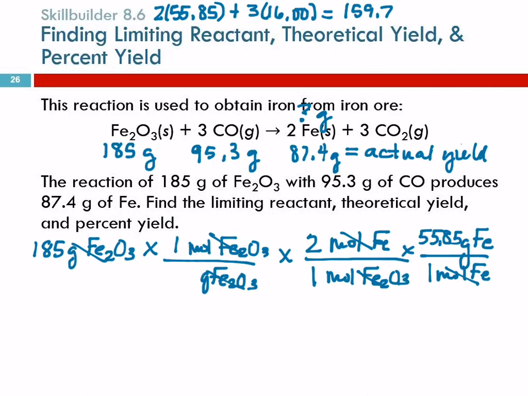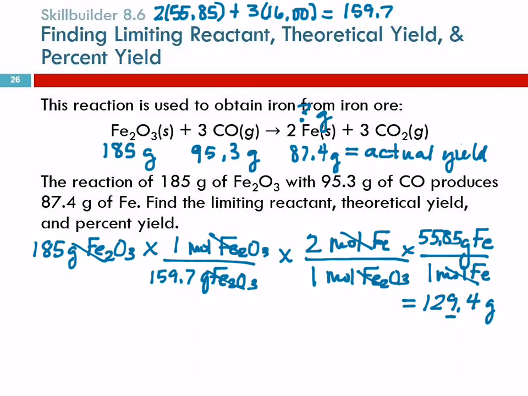So 1 mole of Fe2O3 weighs 159.7 grams. And so I'm going to sneak the answer in here. Got 185 divided by 159.7 times 2 times 55.85. That's 129.0 grams, and it's got 3 significant figures.